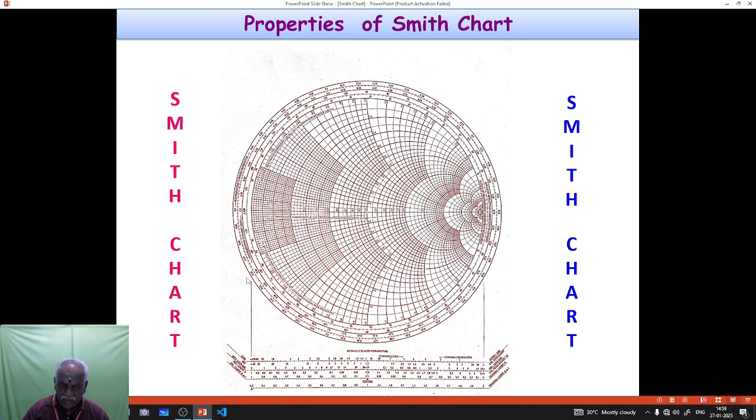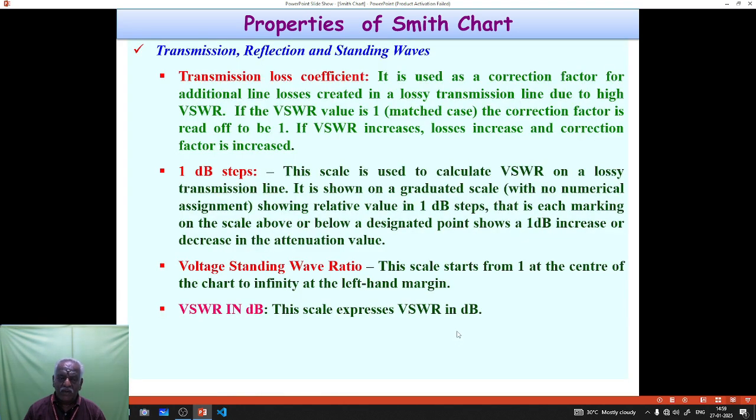You have to drop a line from the real axis, that is this axis, and find out the values. Here voltage standing wave ratio can be measured, and also reflection coefficient, reflection loss, then reflection factor, then VSWR in dB. All these things are listed here. We can see them one by one.